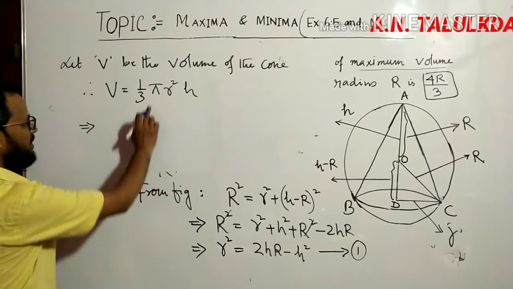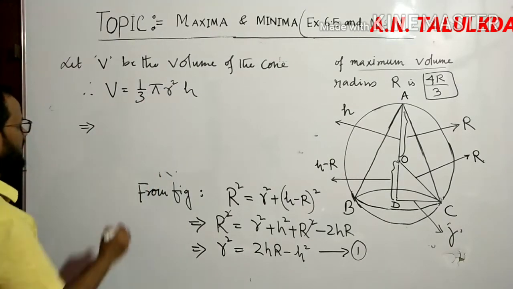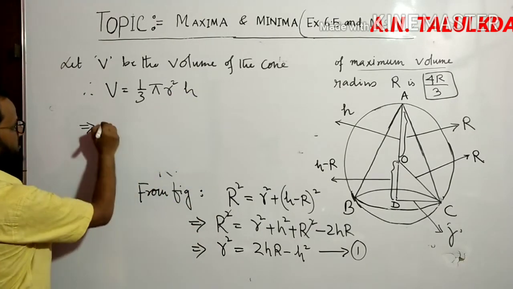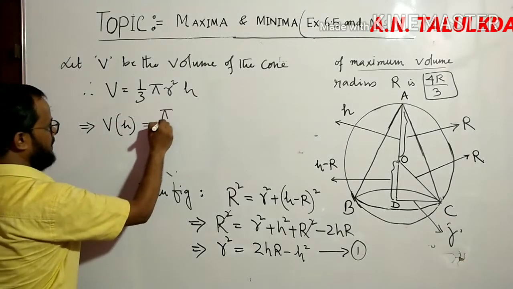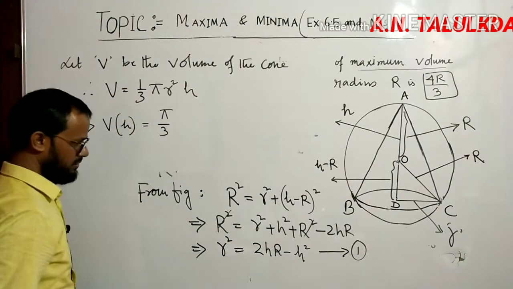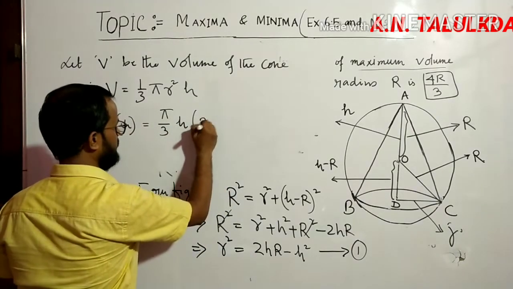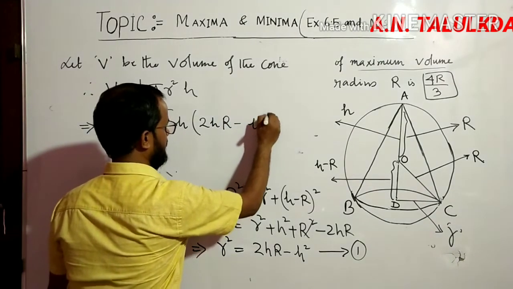So I am converting B into a function of one variable. It is easy to replace r square from here, so I am replacing in terms of H. So you can write B as a function of H equals pi/3 times r square, which is H times (2HR minus H square).